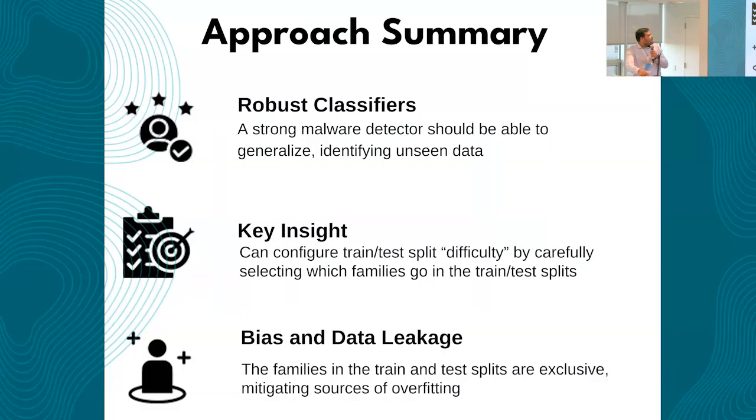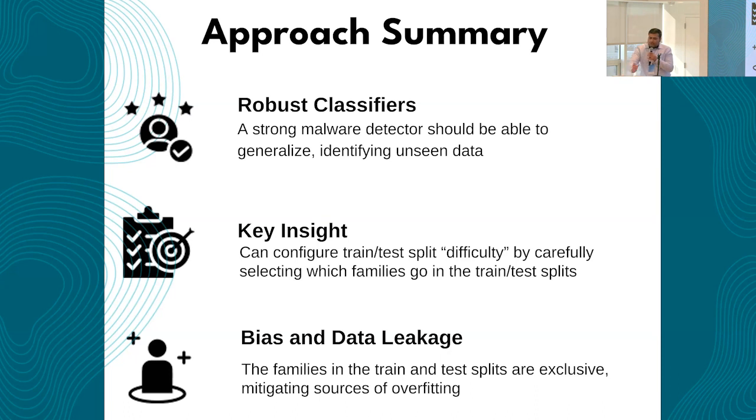A malware classifier has to be robust enough. It has to identify files which are unseen. It has to generalize on unseen data. So the key insight of our train test split is that we will limit the bias problem which arises due to malware files of similar families in the test set.